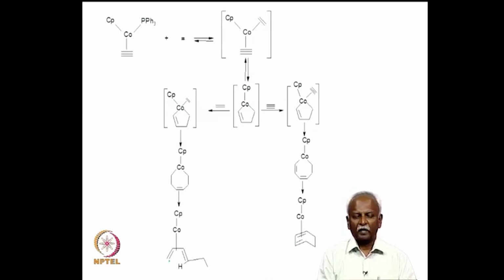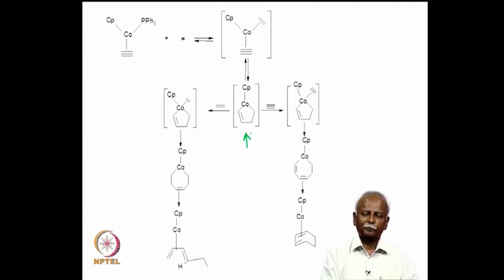So, by adding an acetylene with an alkene, we end up with a metallocyclopentene. So, this is the metallocyclopentene. Earlier we had a metallocyclopentadiene. So, in this metallocyclopentene, we can have a choice of adding the ethylene.